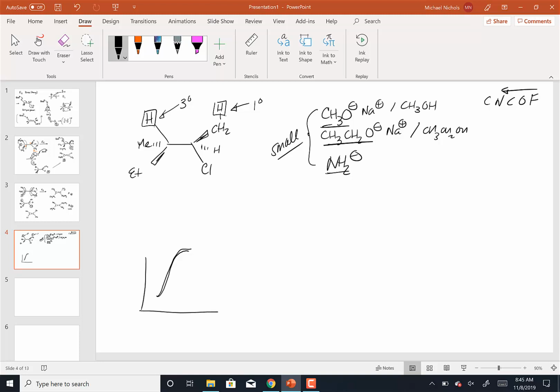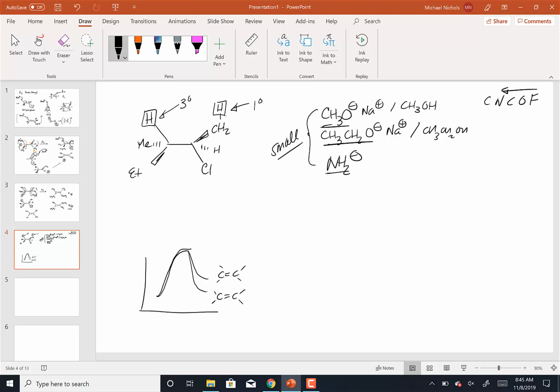What dictates the major product? The major product is dictated by the alkene and which alkene is more stable. That's what's going to dictate the major product.